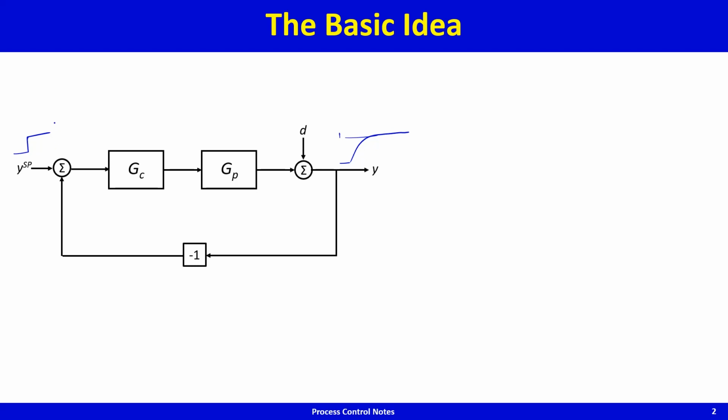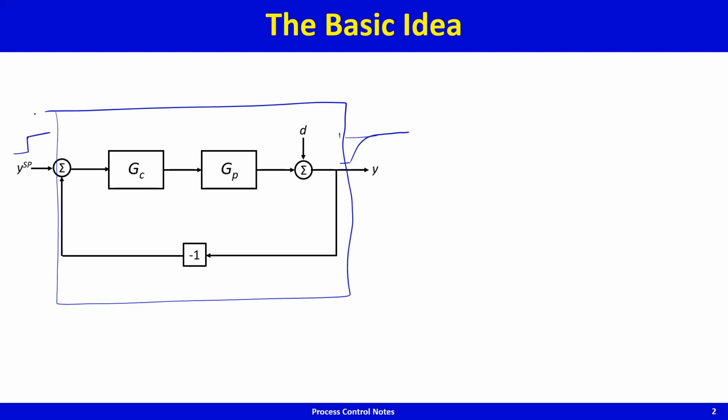So if you look at the complete system, then y by y set point is actually GCGP divided by 1 plus GCGP.